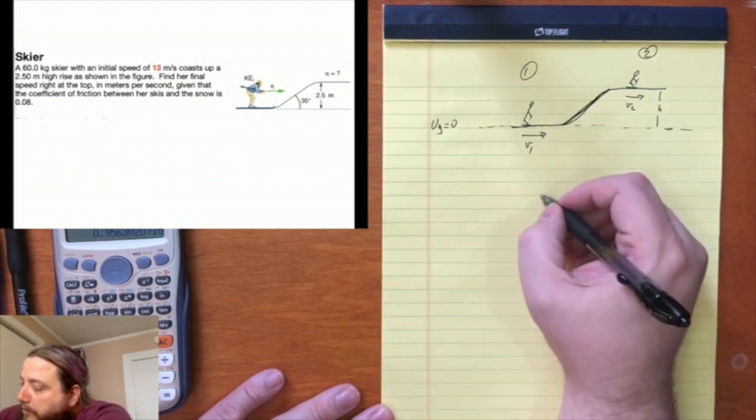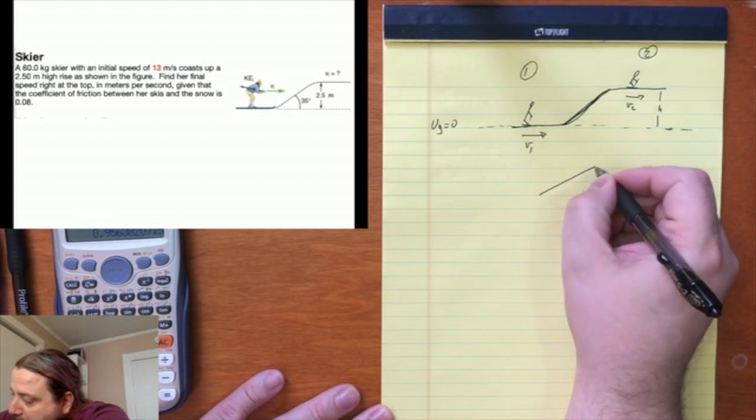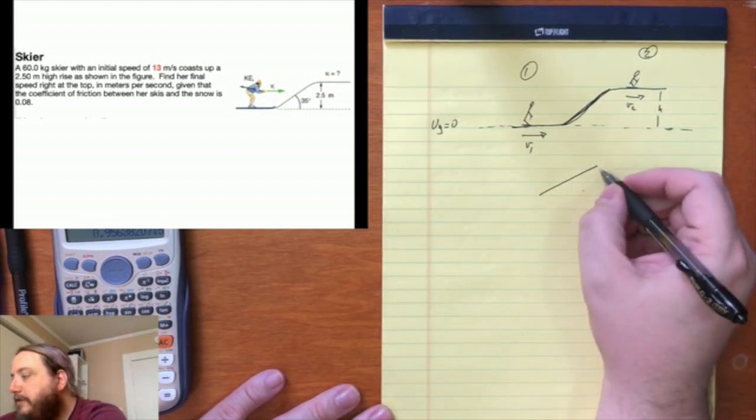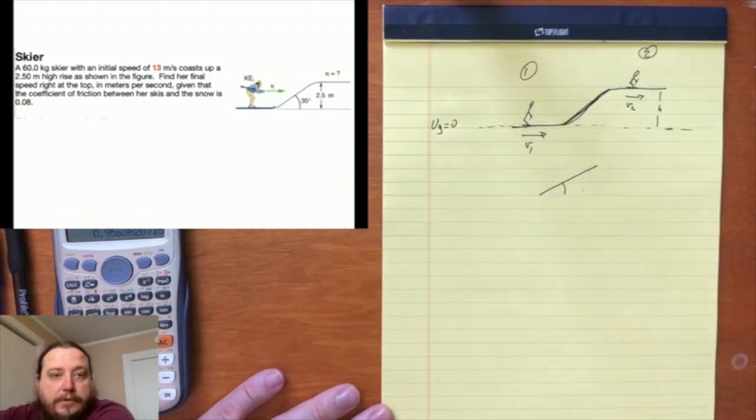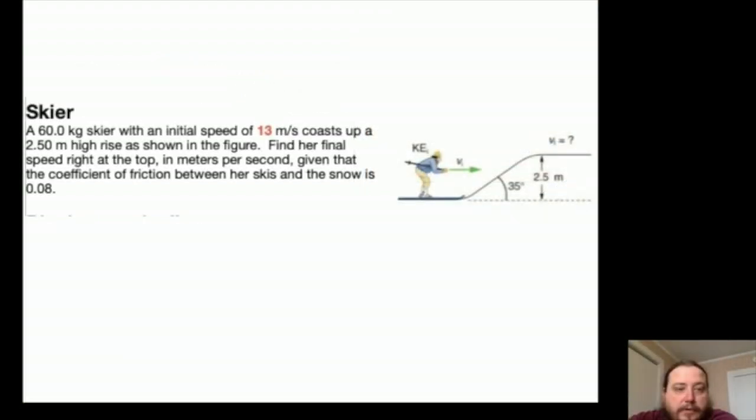We're going to go ahead and treat this hill as a constant slope, with an angle of 35 degrees and a height of 2.5 meters. And we're going to say on this slope the coefficient of friction is 0.08.